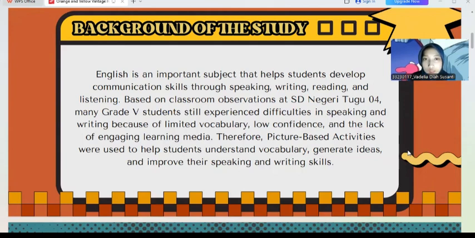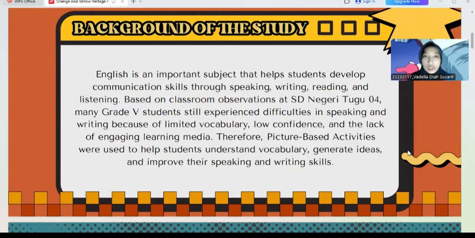English is one of the most important subjects because it helps students develop language skills like speaking, writing, reading, and listening. However, based on our classroom observation at SD Negeri Tugu 04, many fifth grade students still had difficulty in speaking and writing English.